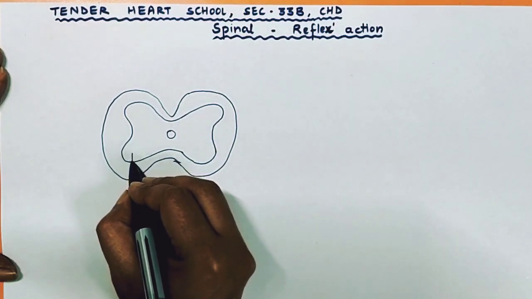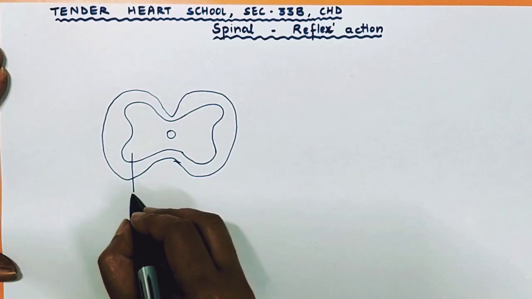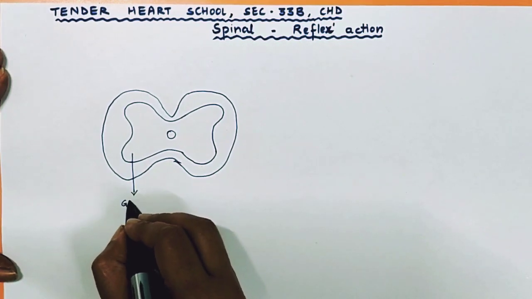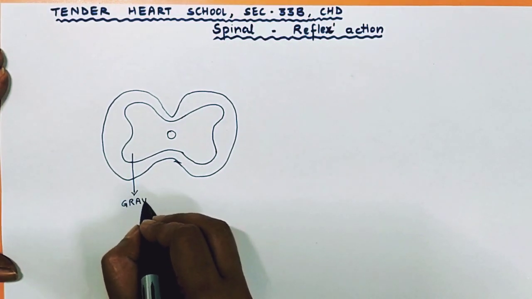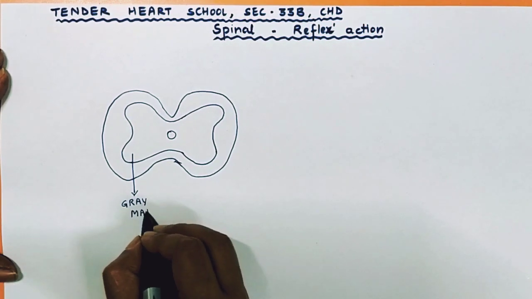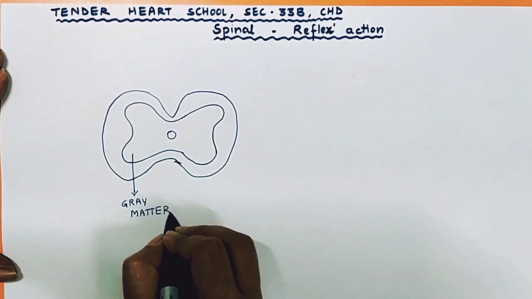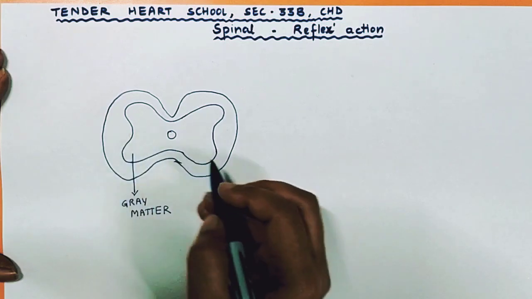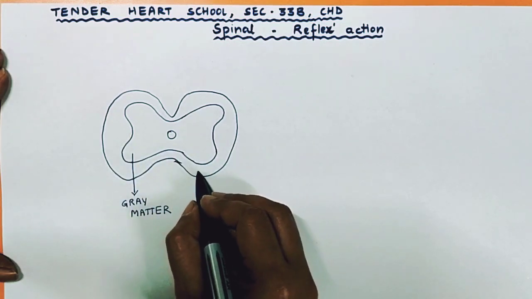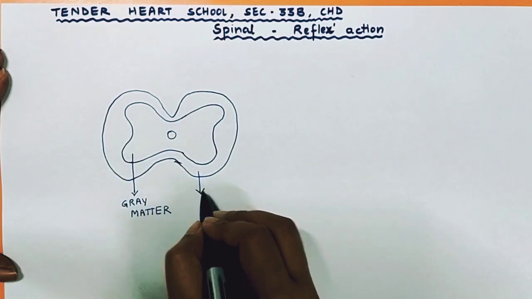So this is our gray matter. And the axons which are making the white matter are present towards the periphery.